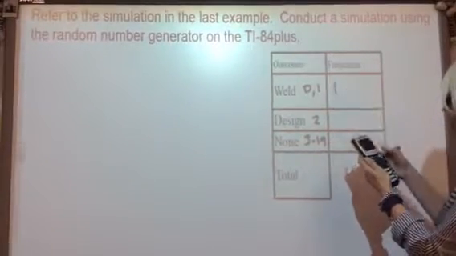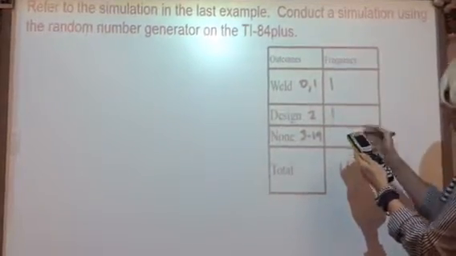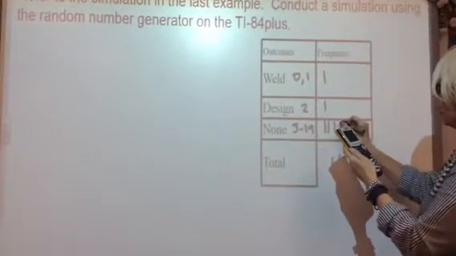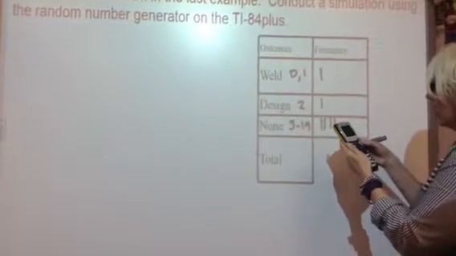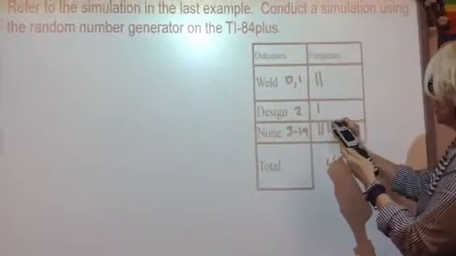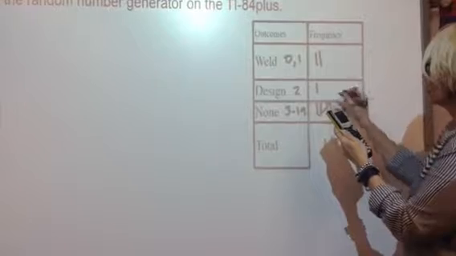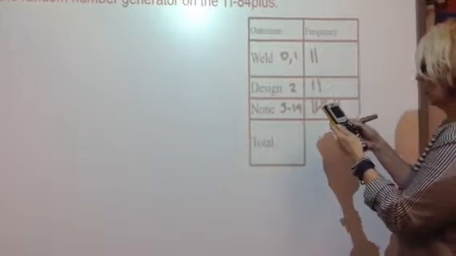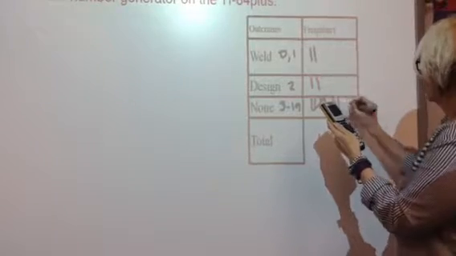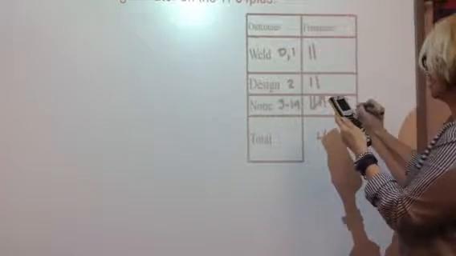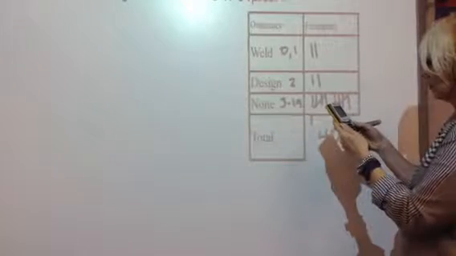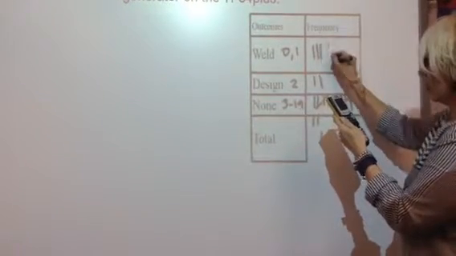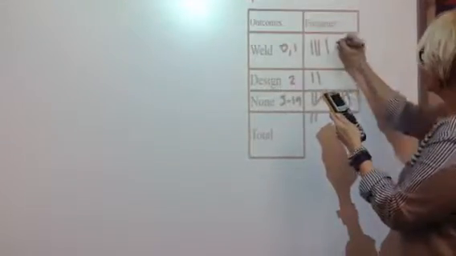So I have a 0, a 2, a 13, a 19, a 12, a 6, a 1, a 19, a 3, a 7, a 2, a 4, a 17, a 7, an 11, a 12, a 0, a 1, another 0.